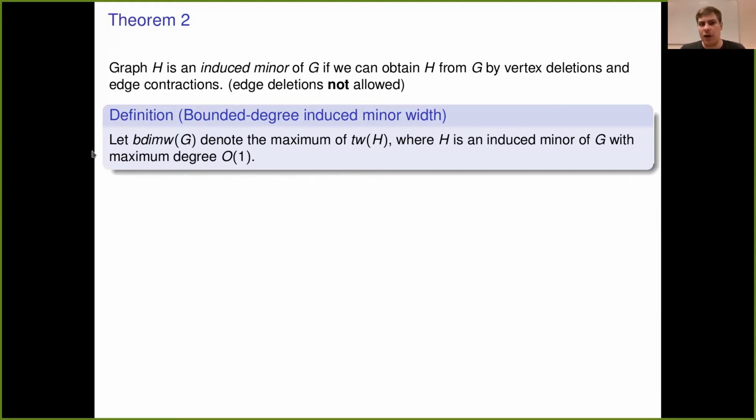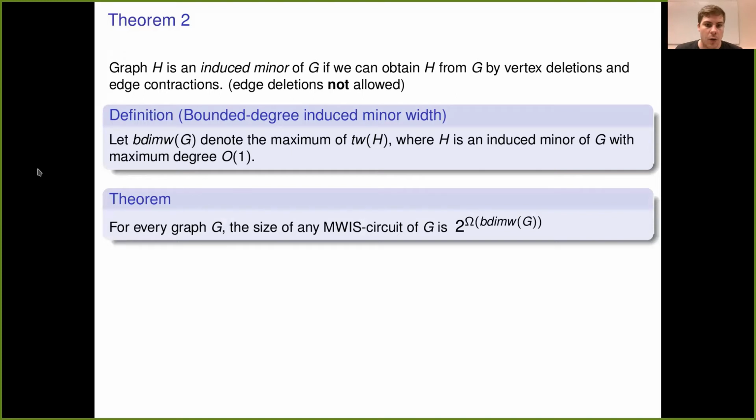I say that the bounded degree induced minor width of a graph G is the maximum of the tree width of H, where H is an induced minor of G with some constant maximum degree. So there is some dependency on the maximum degree, but for our corollaries, it's enough to say that the maximum degree is 3.